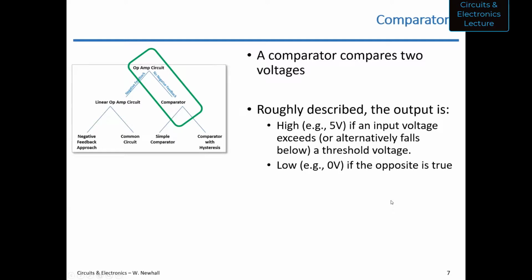Or alternatively, you can say the output voltage is going to be high if the input voltage falls below a threshold voltage. I can build that also. And it's going to be low if the opposite is true. So you're comparing two voltages, and the output is either high or low, and that's an indication of which voltage is higher than the other.